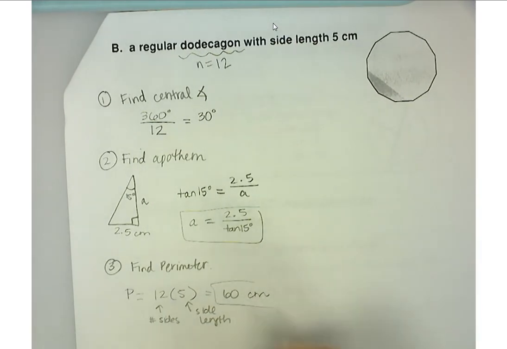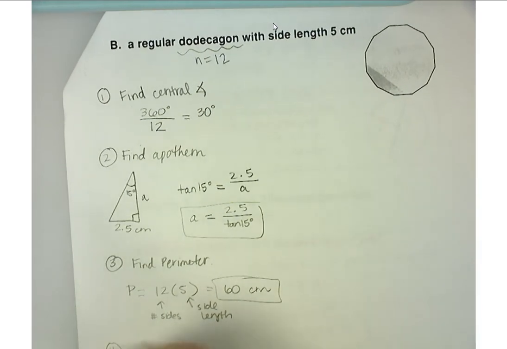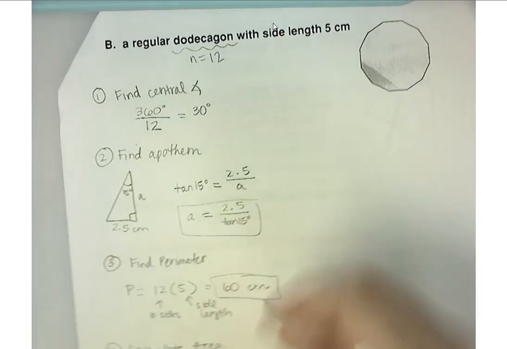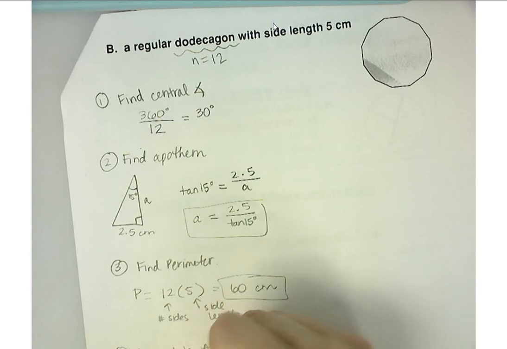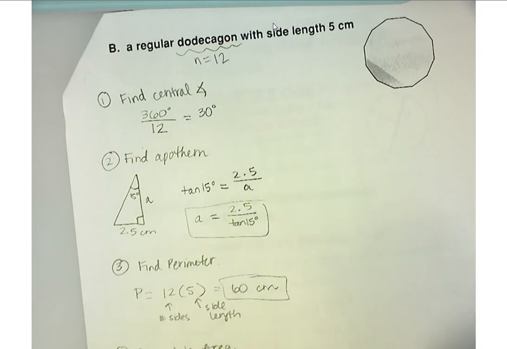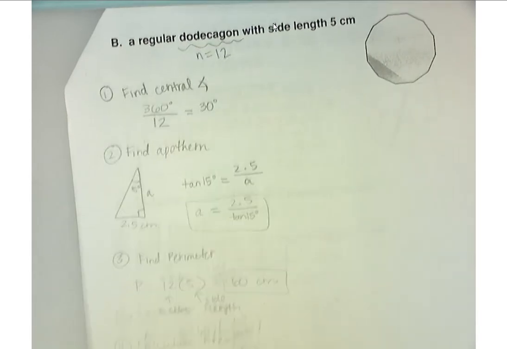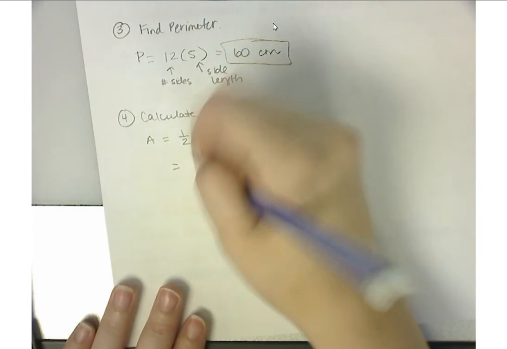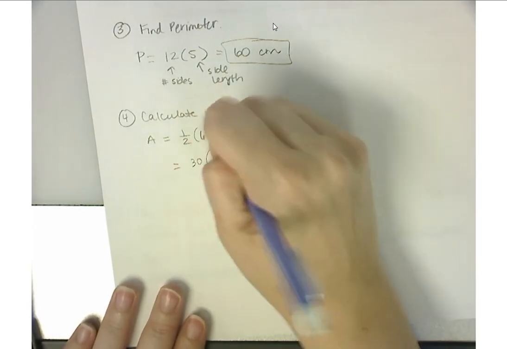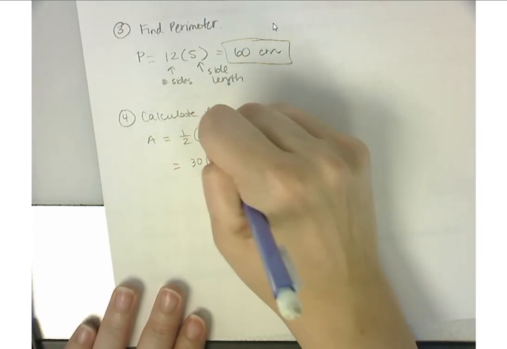All right, so then that brings us to finding the area. When you calculate the area, you're going to do 1/2. If you want to write the 1/2 next to the 60, you can do that first, because half of 60 is 30. So it's 30 times 2.5 divided by the tangent of 15.